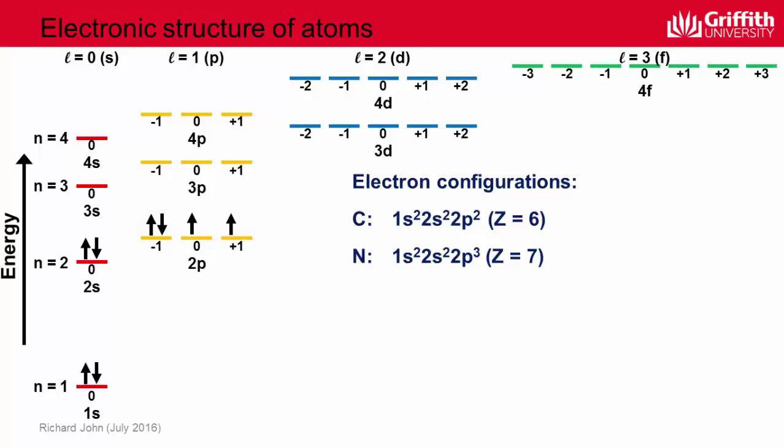Add an 8th electron, so we have to now go over and start pairing the spins, and that 8th electron results in an electron configuration for oxygen, Z equals 8, or atomic number 8: 1s2, 2s2, 2p4. Add a 9th electron, we need to start pairing it up in that middle orbital there, and we're talking about fluorine, 1s2, 2s2, 2p5.